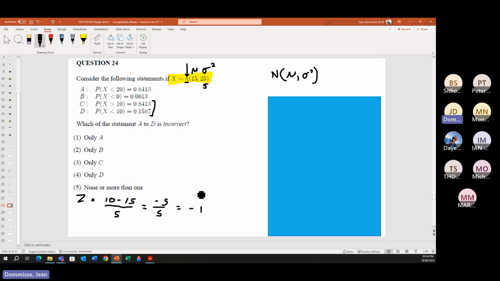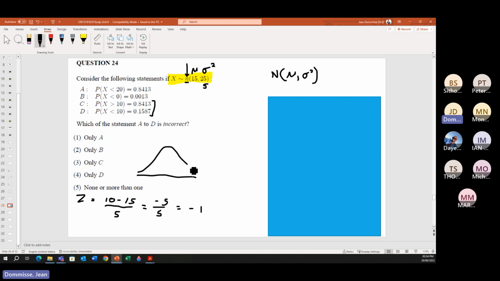When we look at our diagram, we know that the mean is 0, so we need to look at minus 1.